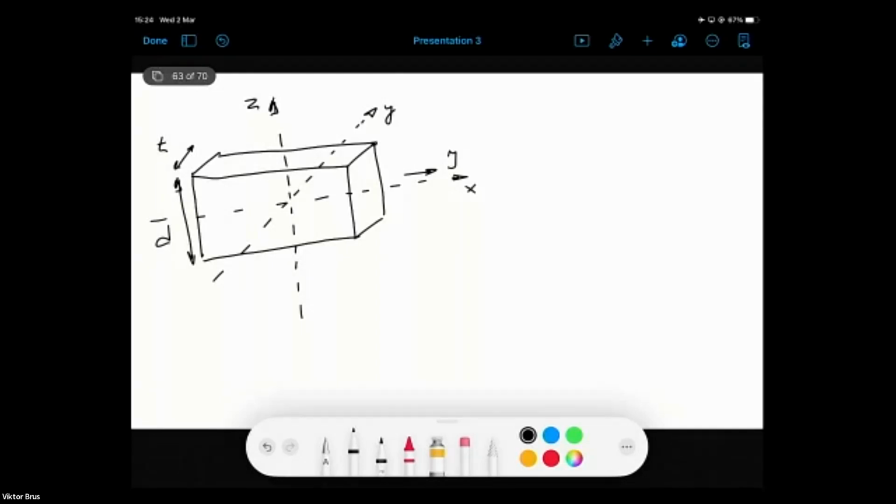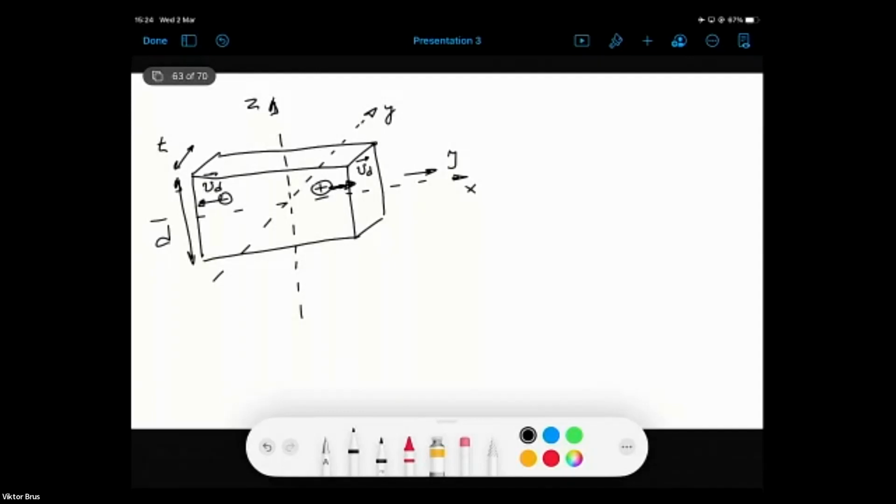In the general case, we can have either a positive charge or a negative charge. In order to provide this current direction, a positive charge should move along axis X. So this is the direction of the drift velocity vector, and a negative charge should move in the opposite direction because of the different sign of the electric charge. So this is the VD vector.